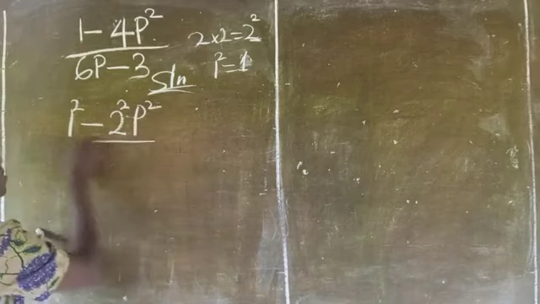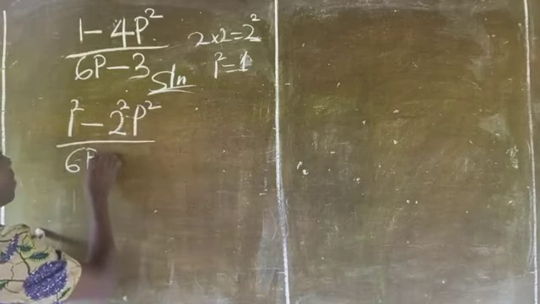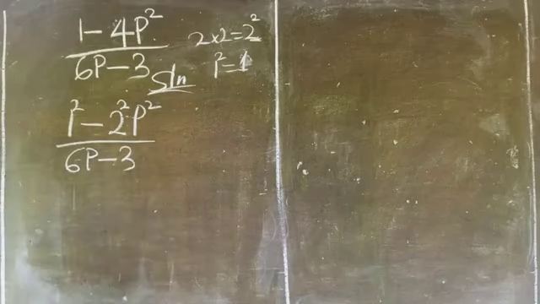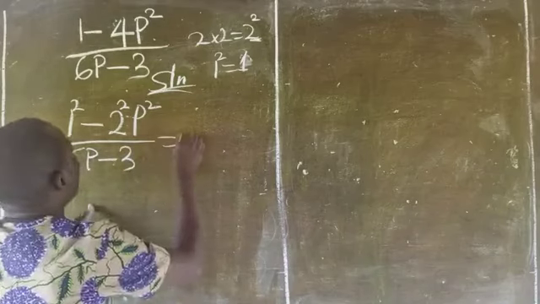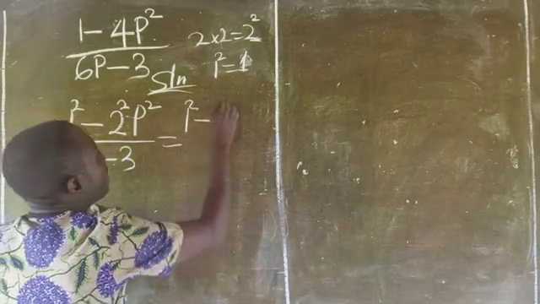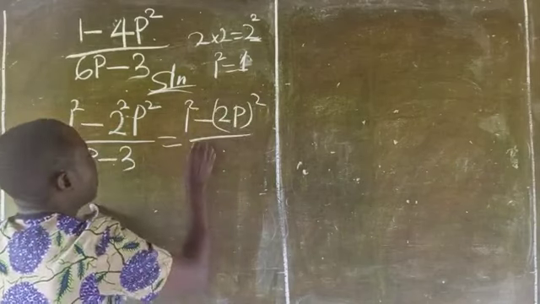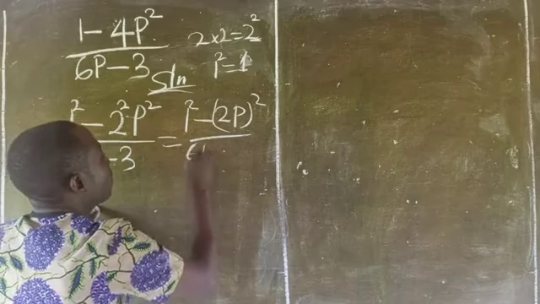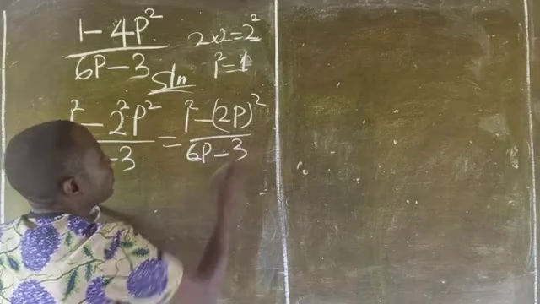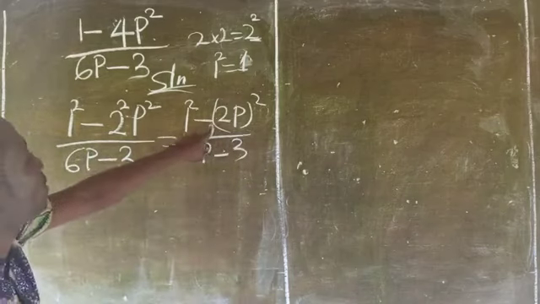You see that? It is equal to 6p minus 3. And this becomes 1 squared minus 2p all squared, all over 6p minus 3. Why did I do this?